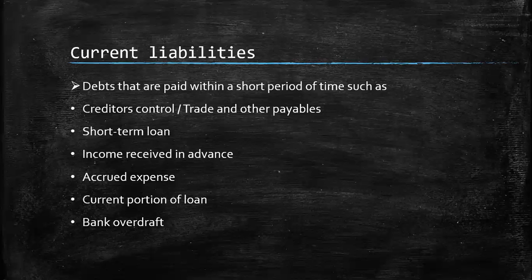Now I'm supposed to deliver a service. Now, why is it a current liability? Because I'm going to deliver that service within a short period of time. So income received in advance is classified as a current liability.